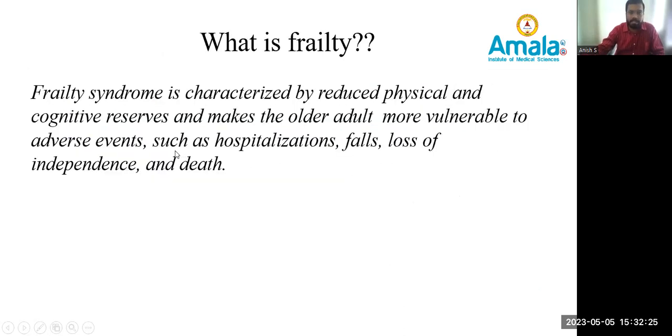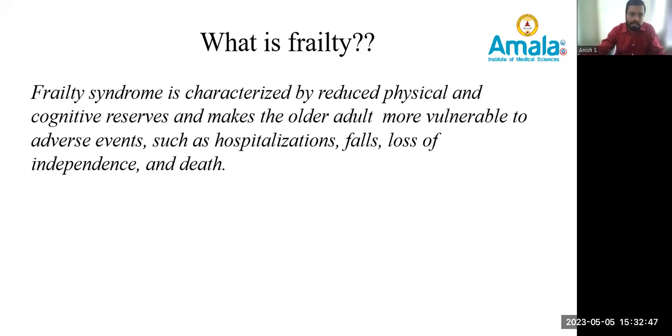So what is frailty? Frailty syndrome is characterized by reduced physical and cognitive reserves and makes the older adult more vulnerable to adverse events such as hospitalizations, falls, loss of independence, and death. So it is the reduction in the physical and cognitive reserve to fight stress.